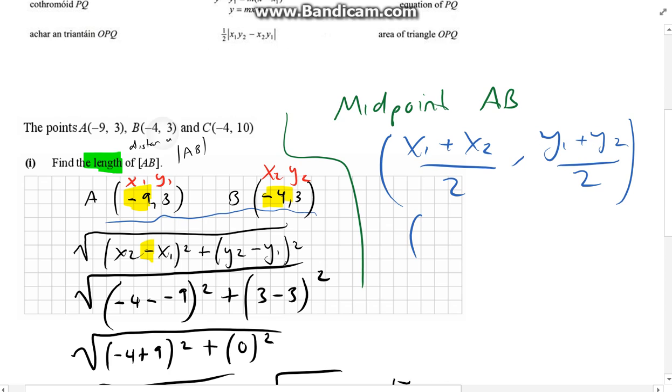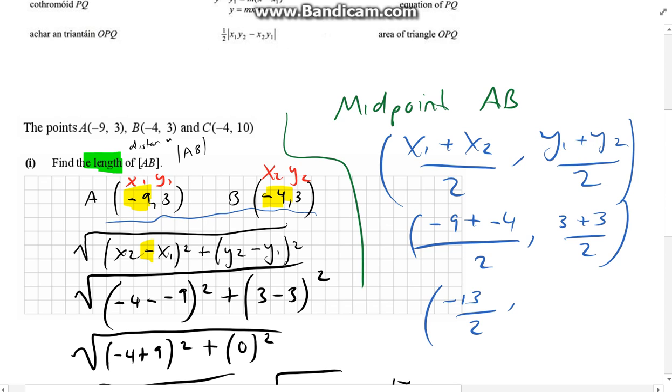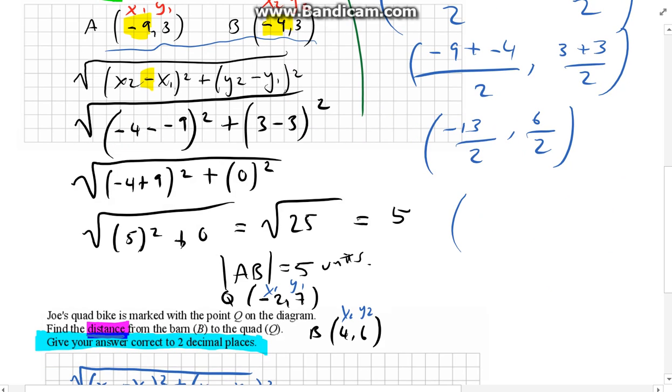So you'd have minus 9 plus minus 4 all over 2, it's your x coordinate, and then your y coordinate will be 3 plus 3 all over 2. So that would be minus 13 over 2, and then 6 over 2. We know that 6 over 2 is going to give us 3, and minus 13 over 2, you can leave it as a fraction, or if you want to put it as a decimal just to make it a bit easier on yourself, it's going to be minus 6.5.